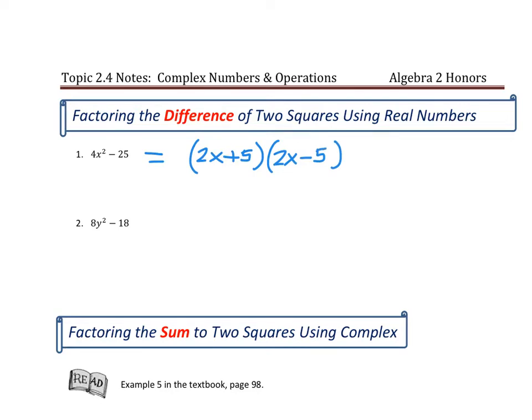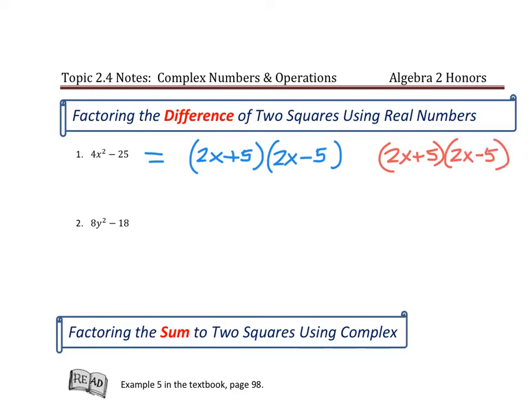Now what happened to the middle term? When we multiply two binomials together, normally we would get a middle term, we'd get a trinomial out. But let's see what happens here. From the previous video, we saw that when we multiplied complex conjugates together, that middle term canceled. So 2x plus 5 times 2x minus 5, these are real conjugates.